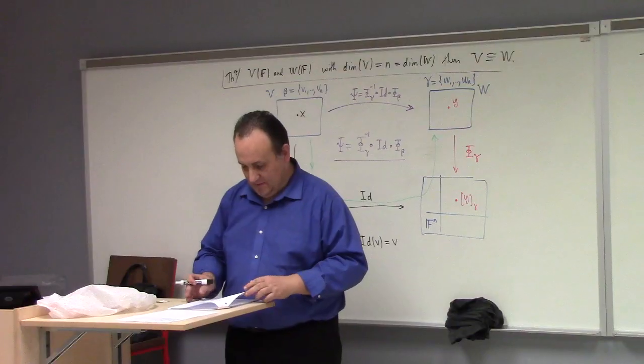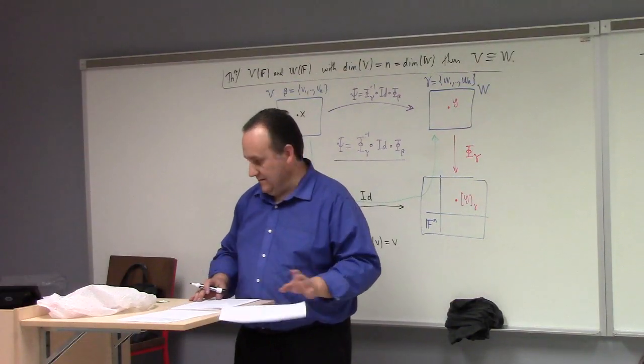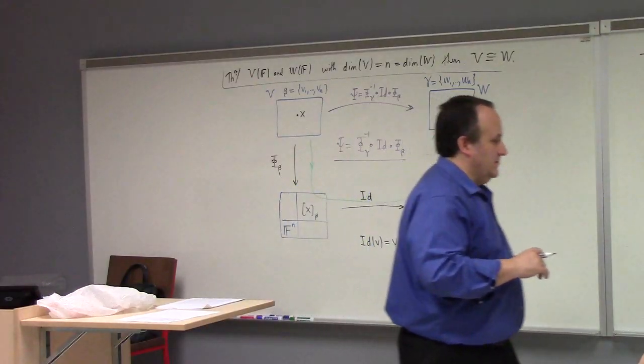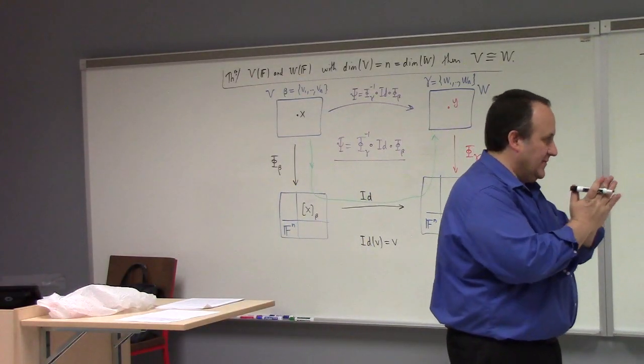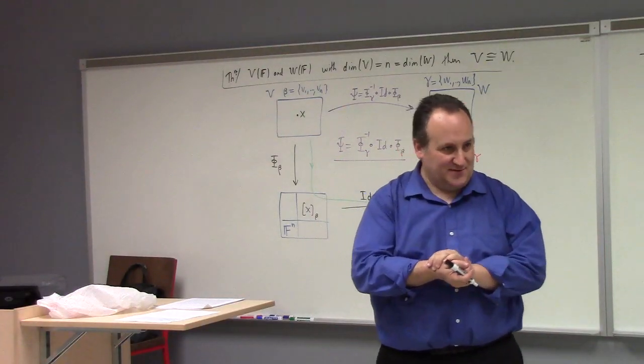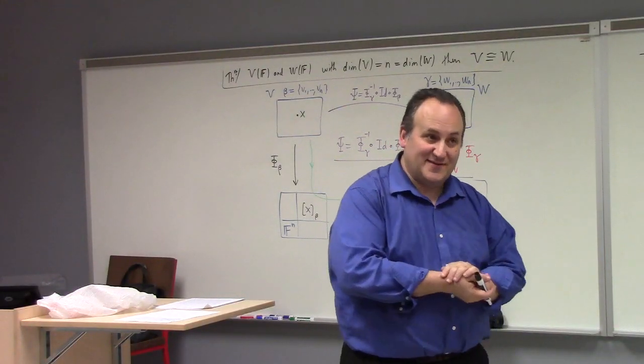I am a victim of my own printing. All right. My apologies if the definition I'm about to give you is not the definition of the notes, but this could be a definition.